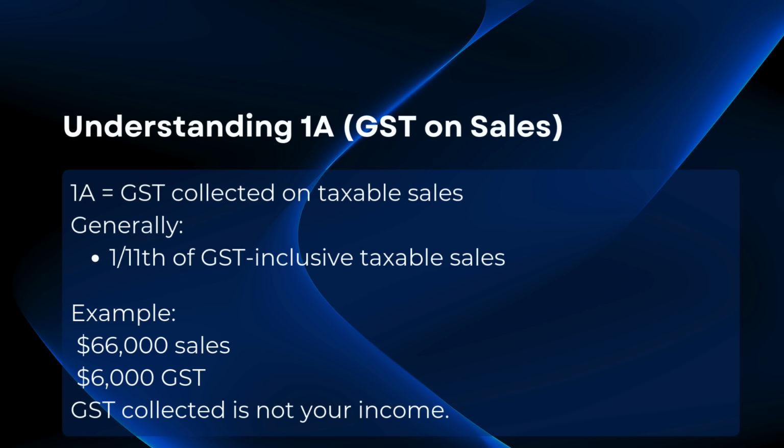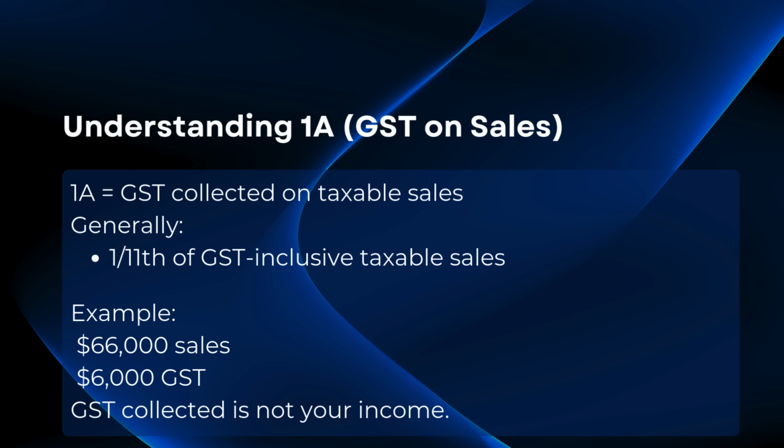1B represents your GST credits. These are GST amounts paid on eligible business expenses. For example, you paid $3,300 GST on business expenses during the quarter. That amount would appear at 1B.